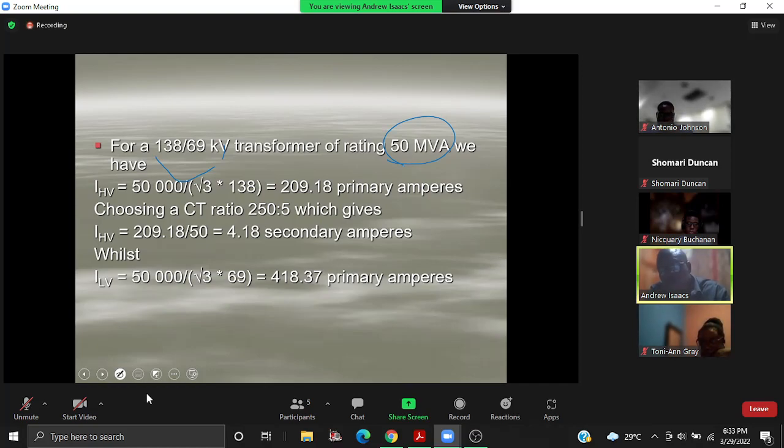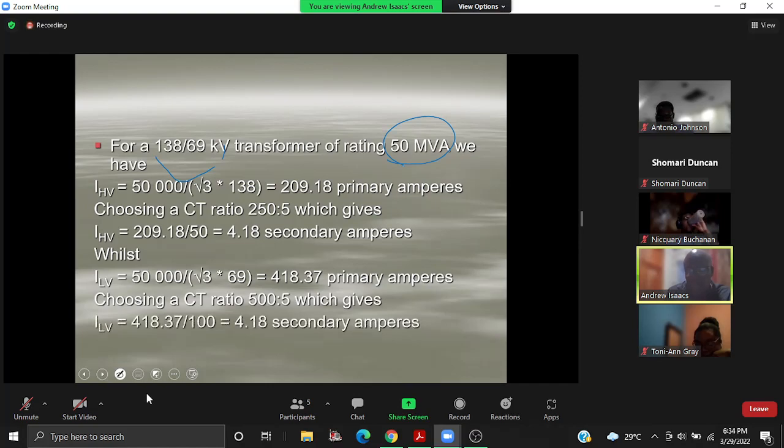Since this is a 2-to-1 transformer, then the current would also be in the ratio 2-to-1, or 1-to-2. So the CTs that will be chosen will be twice. So we get the same 4.18 on either side.